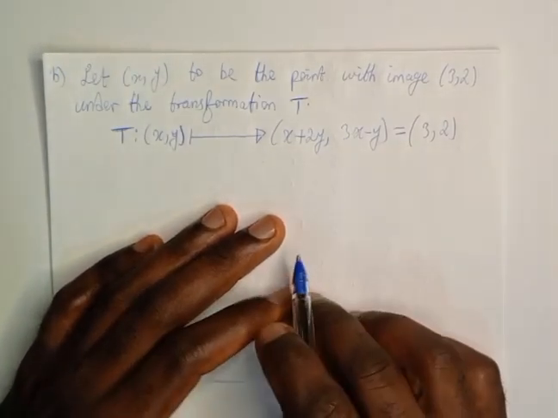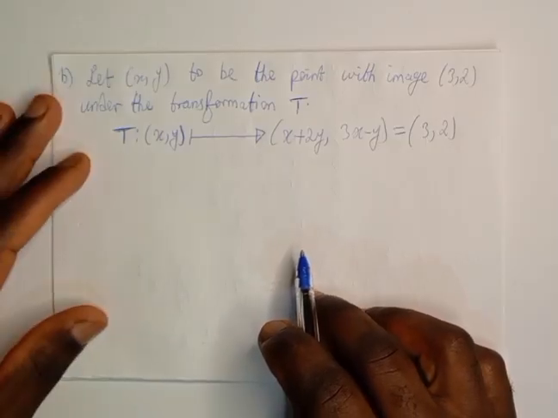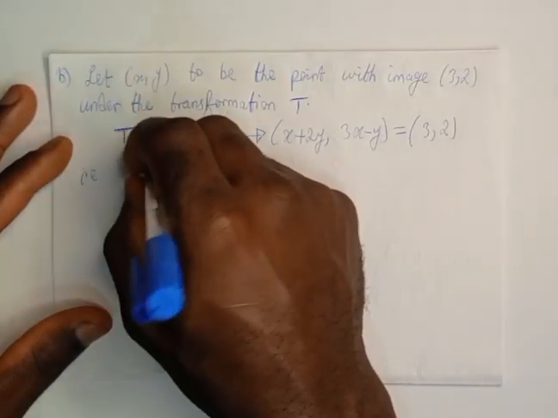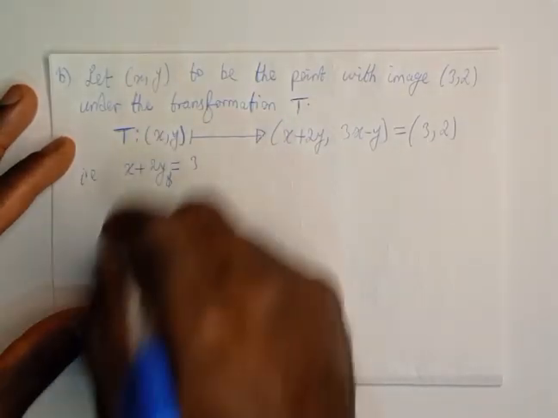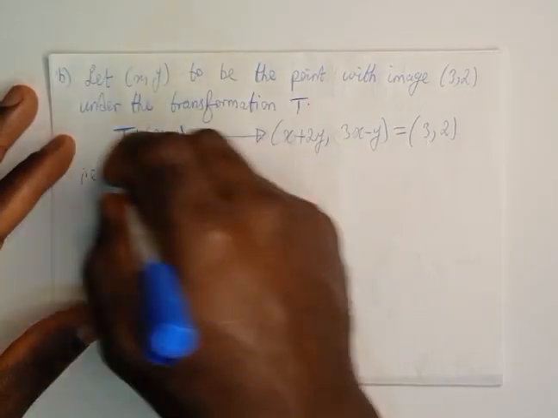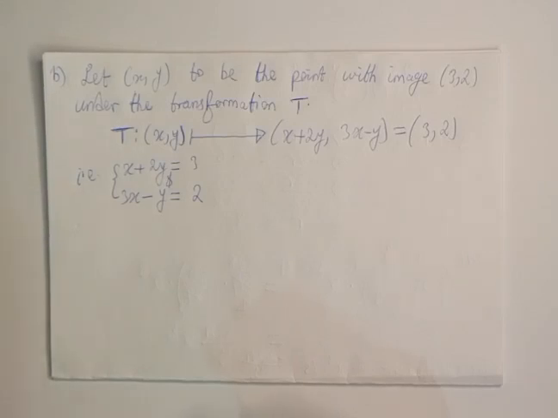For these 2 points to be equal, their x coordinates must be equal and their y coordinates must be equal. That is, x + 2y must be equal to 3 and 3x − y must be equal to 2. This gives us a pair of simultaneous linear equations, which we solve for x and y by the method of substitution.